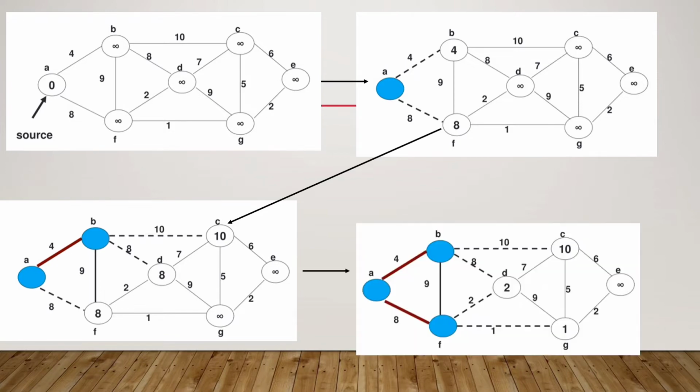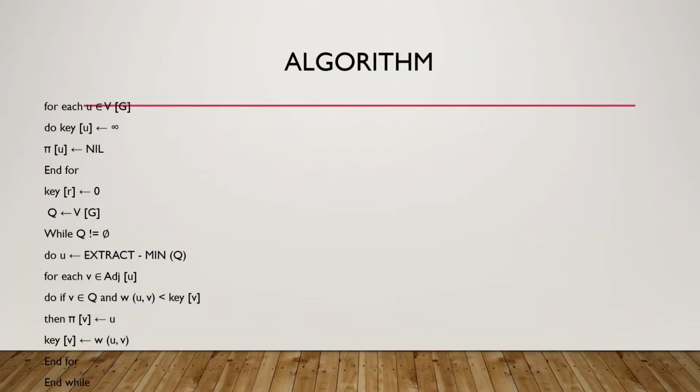Then when you reach B, there are paths BF as 9, BD as 8, BC as 10. But since the 8 of AF is also remaining, I will choose that path AF and travel it. Now let us see the algorithm.